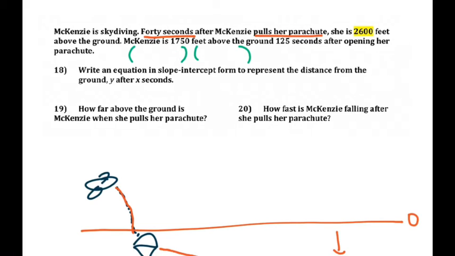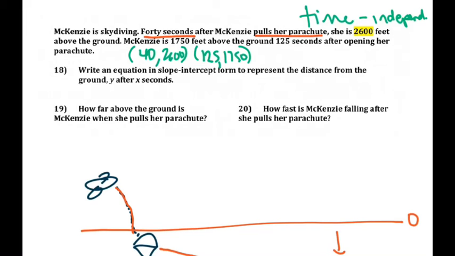When you're dealing with something that's talking about time, time is almost always going to be your independent variable, because time doesn't depend on anything. Time goes on without any help from anybody. So after 40 seconds, that's going to determine how high she is. She was 2,600 feet above the ground, and then at 125 seconds, she was 1,750. Those are my 2 ordered pairs.